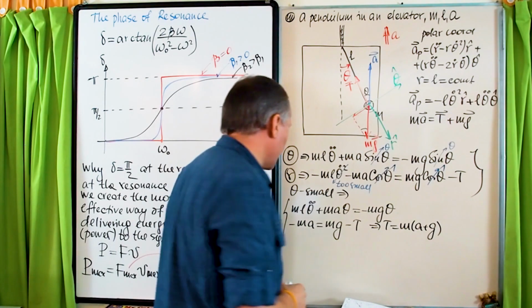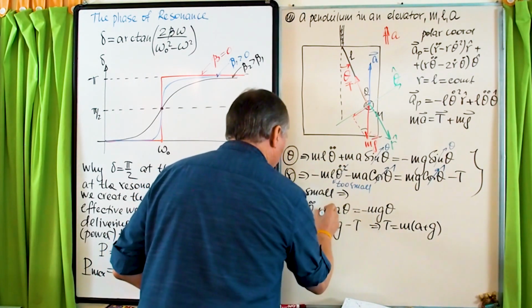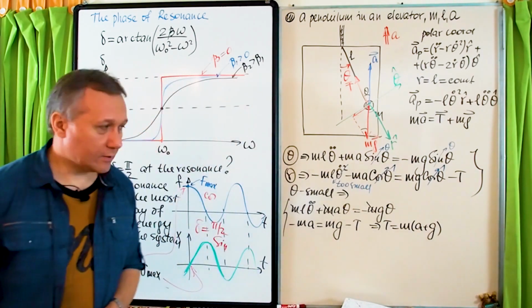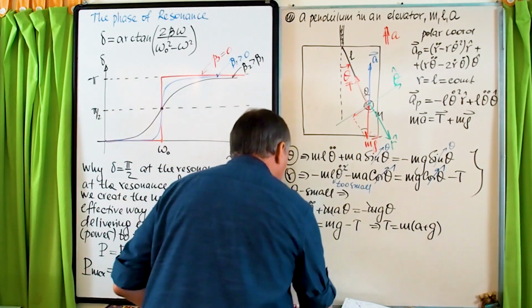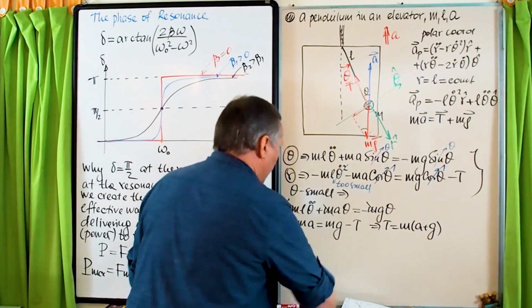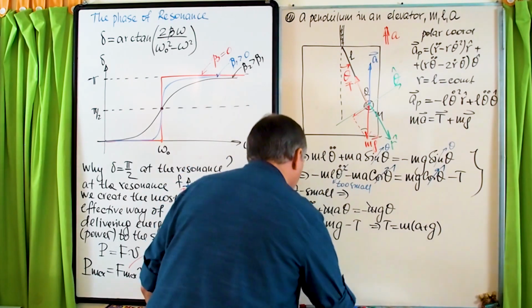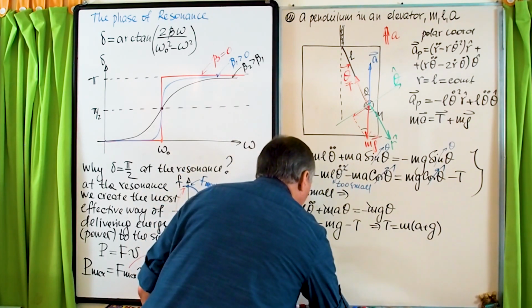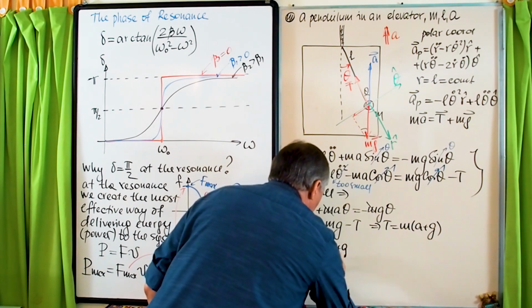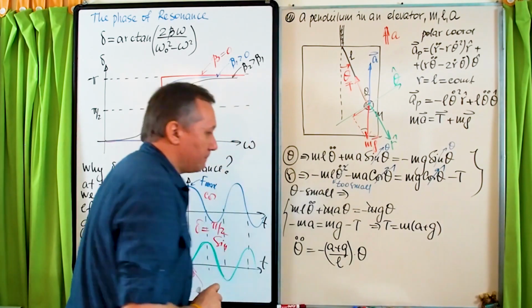And of course, from the first equation, we can get the frequency, right? After dividing by mass, we are getting theta double dot equals minus a plus g divided by L times theta.